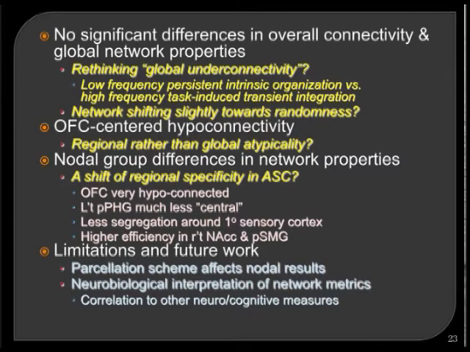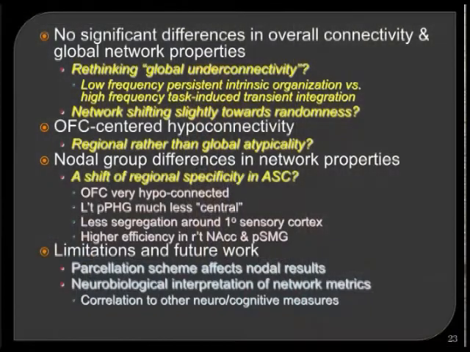We also cannot find striking network property differences, although there might be a slight shift towards randomness in people with autism. However, we did identify a region, the orbitofrontal cortex, that seems to show lower connectivity in the resting state.